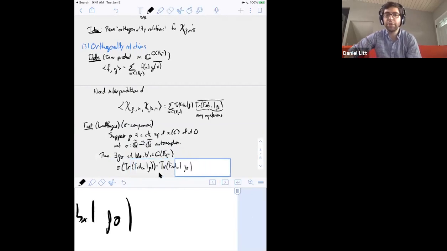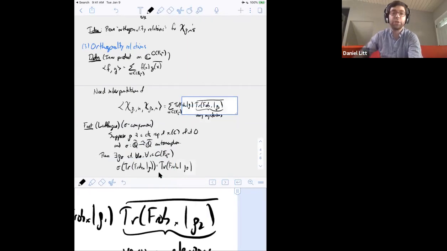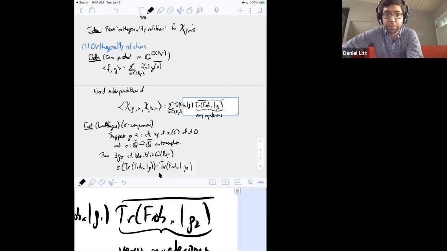This gives us a way of interpreting these conjugate traces: they come from some other interesting representation.